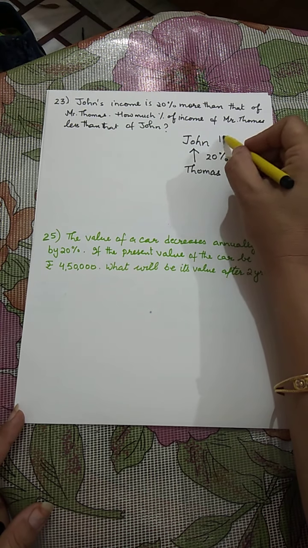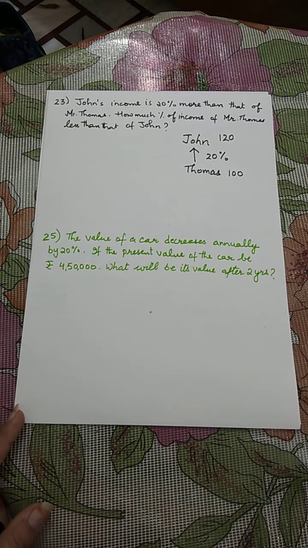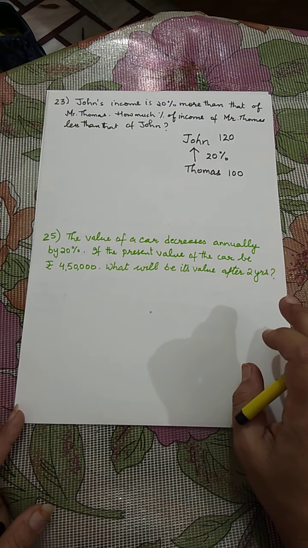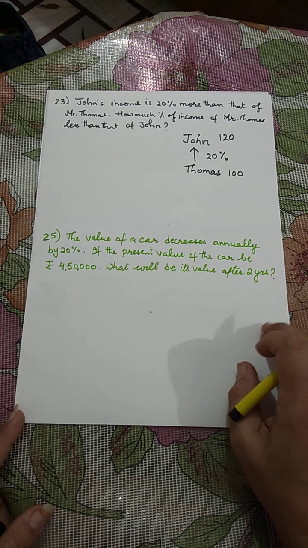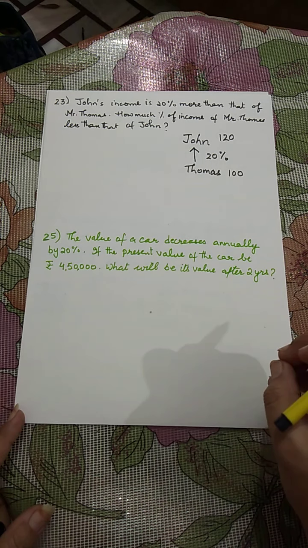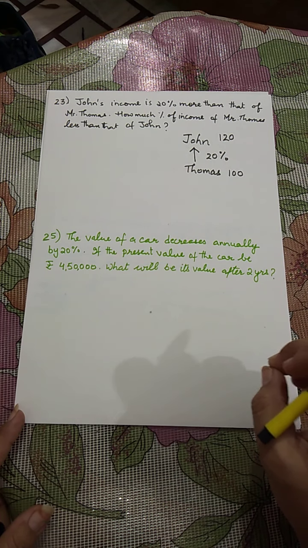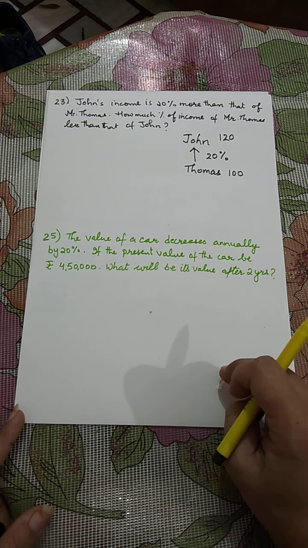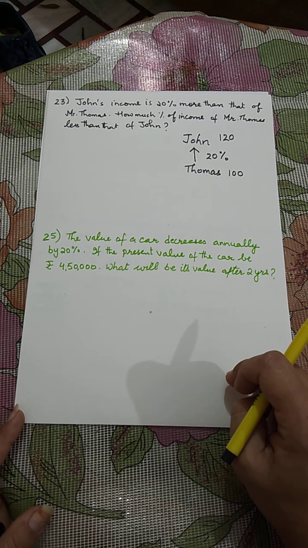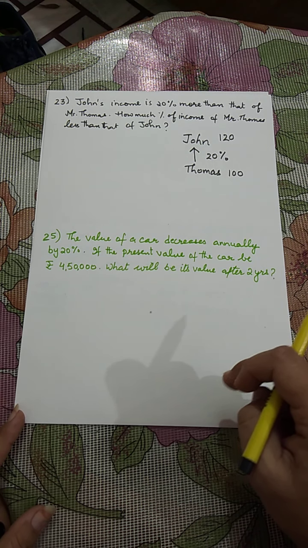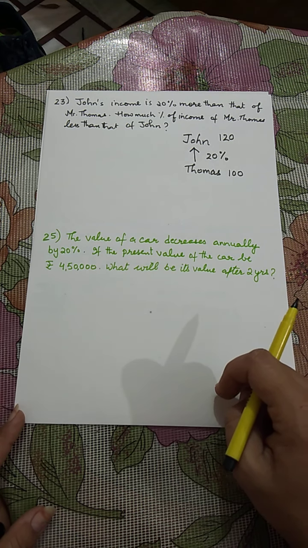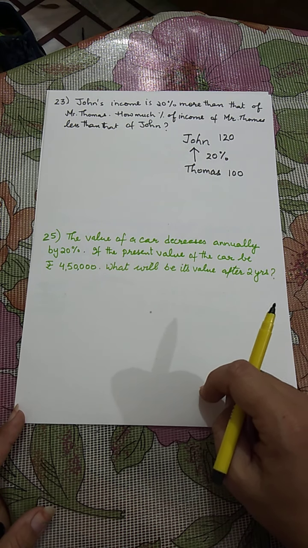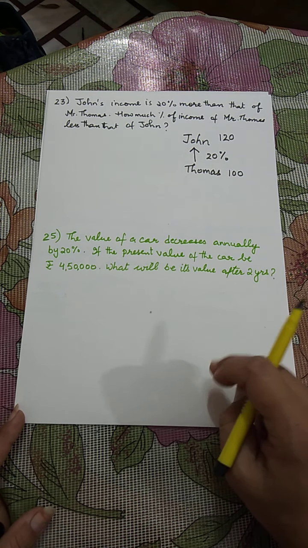So it means John's income will be 120 rupees. Now this is calculated when the base is 100. It means we are taking the base of the income of Mr. Thomas. Now they have asked to calculate how much the income of Mr. Thomas is less than John.